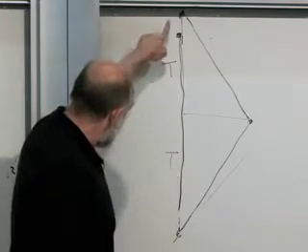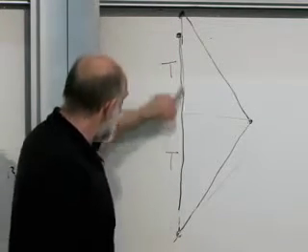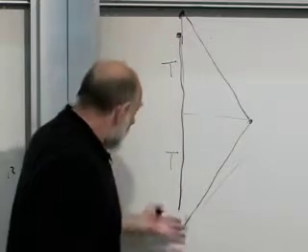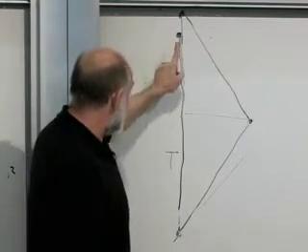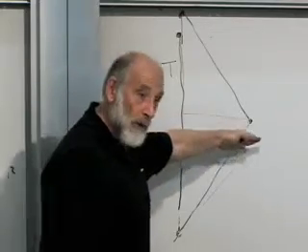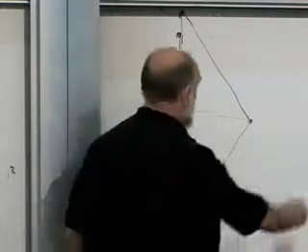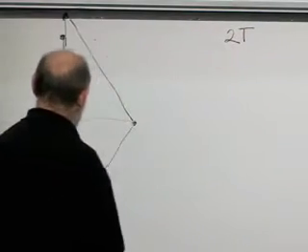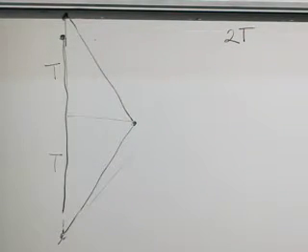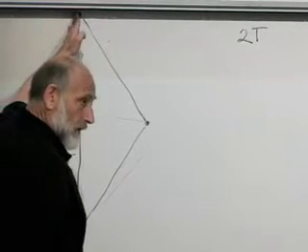It takes time 2T to go from this world point to this world point, and therefore the person who stays home says it took an amount of time twice capital T for my twin to return. That's what the observer who stays home says the time interval between birth and meeting the twin is.